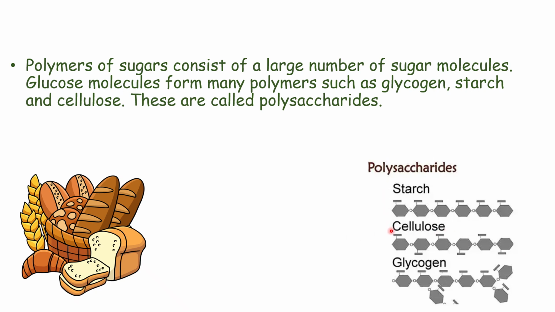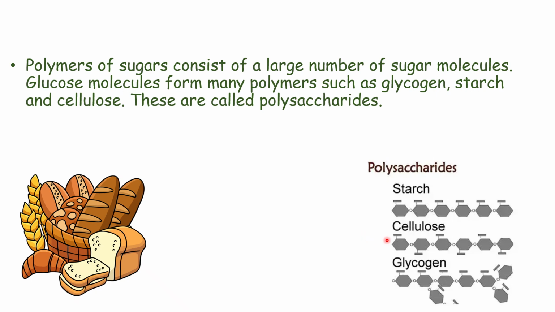These two are made by plants. Starch is a storage molecule to store glucose inside the plants. So the plant wheat, for example, made a storage molecule, which is starch, to store the glucose inside the plant.